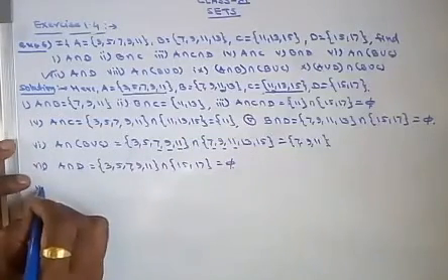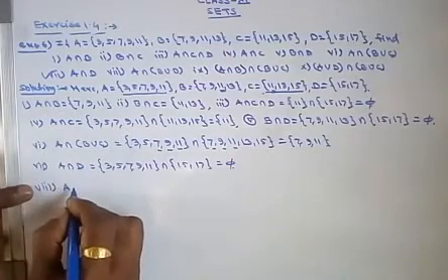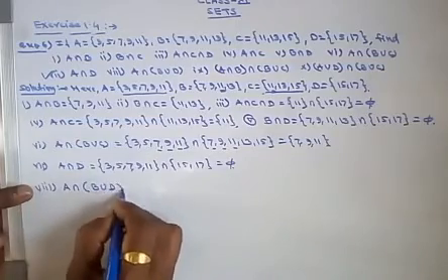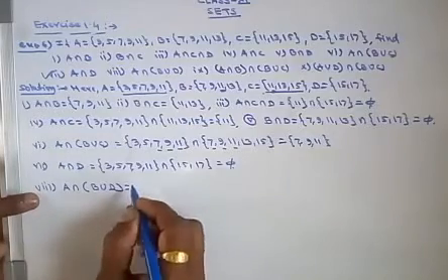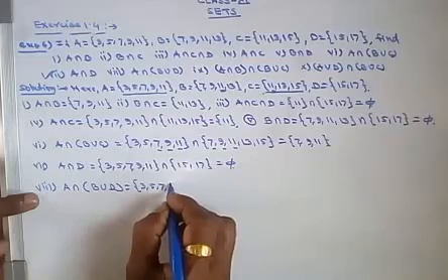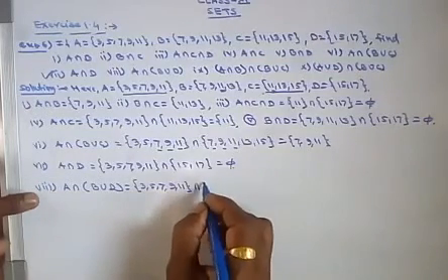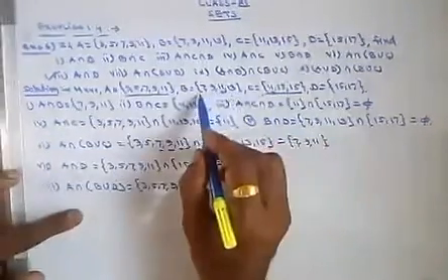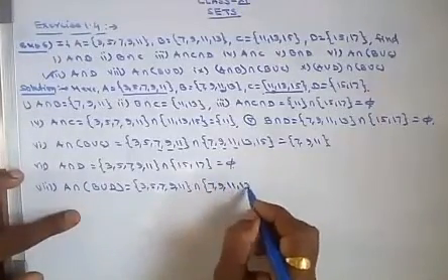Okay, then 8th: A intersection B union D. So A is 3, 5, 7, 9, 11. Then intersection, write B union D. Write the union of B and D. This is B: 7, 9, 11, 13.